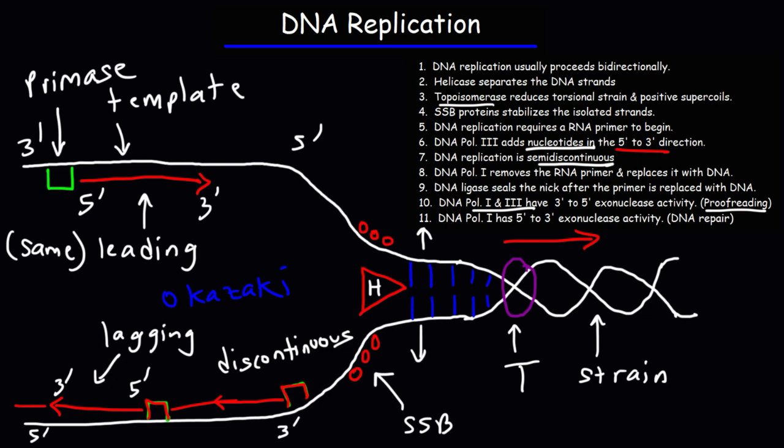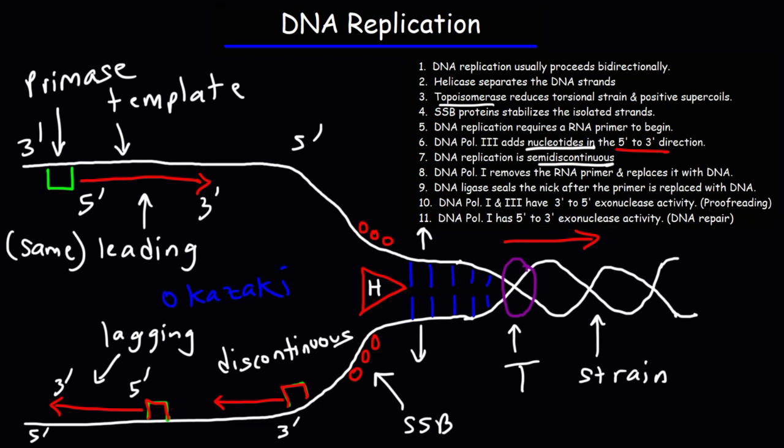So when DNA polymerase III is synthesizing a new strand, if it makes a mistake, it can stop, remove the wrong nucleotide, and replace it with the right one. So that would be the proofreading ability of DNA polymerase 3. Now, DNA polymerase 1, not 3, has the 5 to 3 exonuclease activity, which plays a role in DNA repair. So those are some things that you want to know with regard to DNA replication.